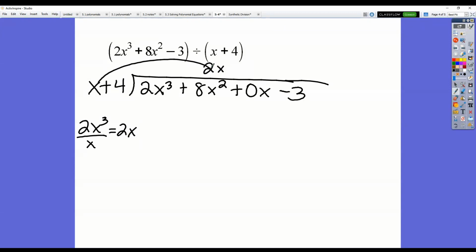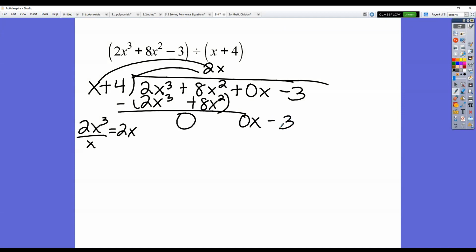Then we multiply. Well, that cancels. How many times is 0 going to x? Well, that's 0. This is a remainder.